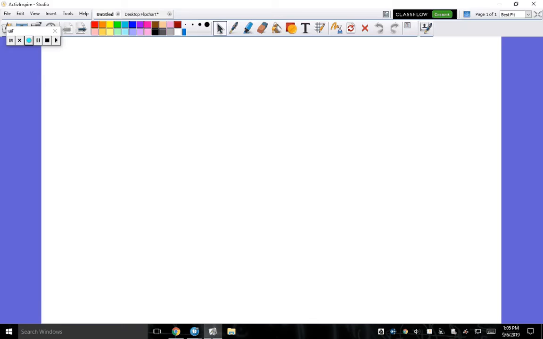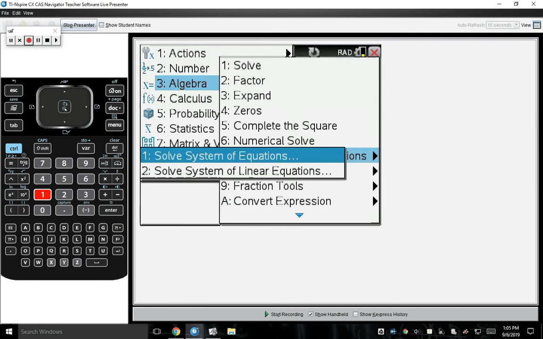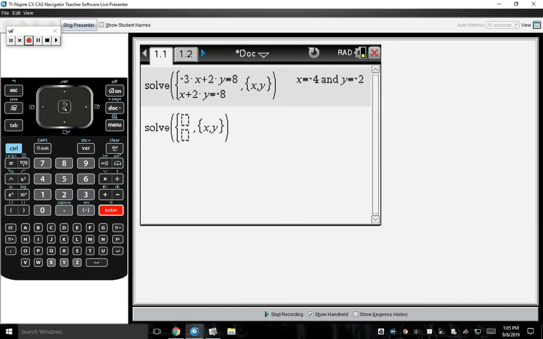You don't have to delete it. Just follow me. Say, menu 371, enter. And we're going to type in 6x minus 4y is equal to 16. Negative 6x plus 4y is equal to 16. And it says false. This means no solution.